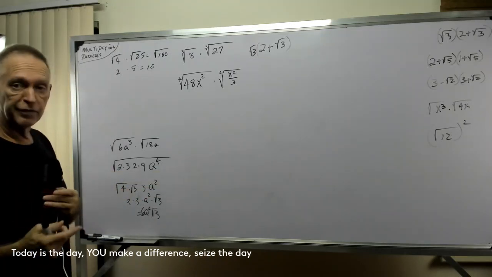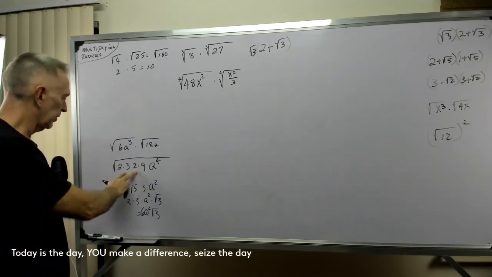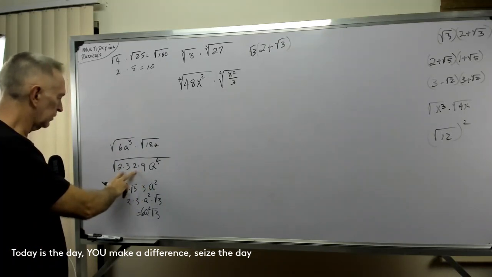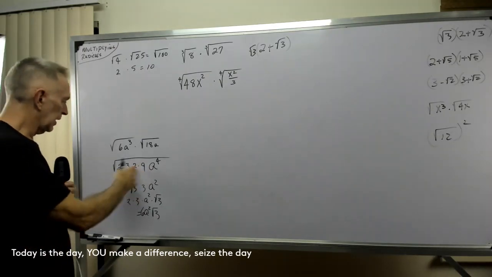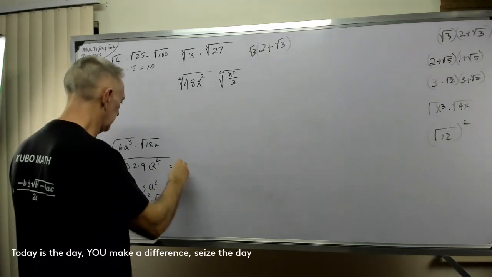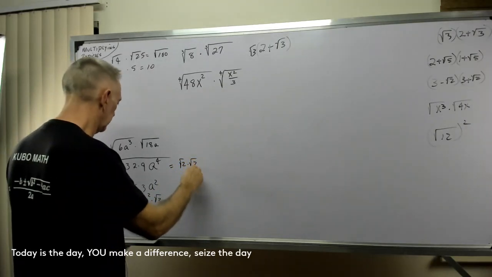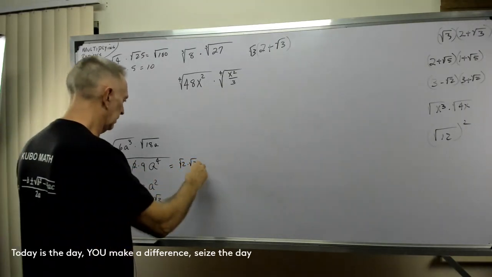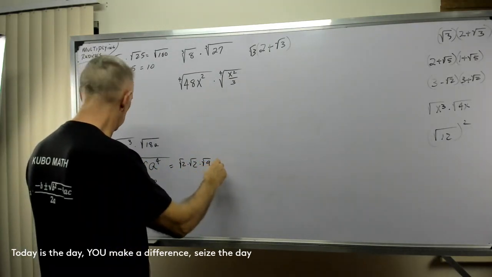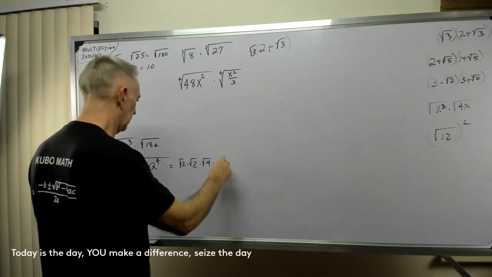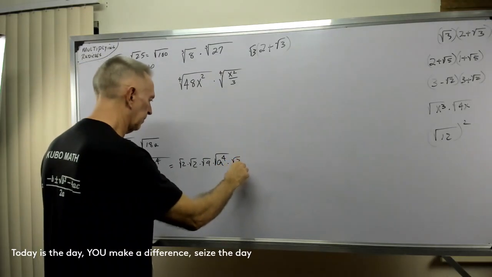So you've all been through factoring. Just break it apart. In many cases, you're trying to end up with perfect squares, like 2 times 2 is 4, so I know the square root of 4 is 2. Now I could have said, well, this is square root of 2, that's that one, times square root of 2, that's that one, times square root of 9, that's that one, times square root of a to the 4th, that's that one, times the square root of 3.